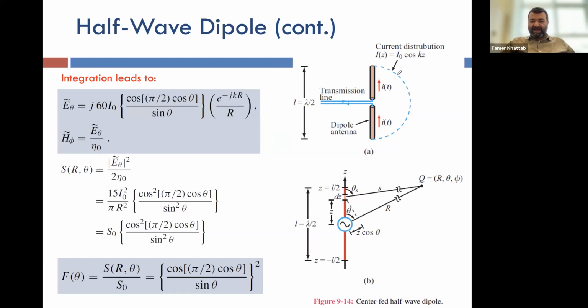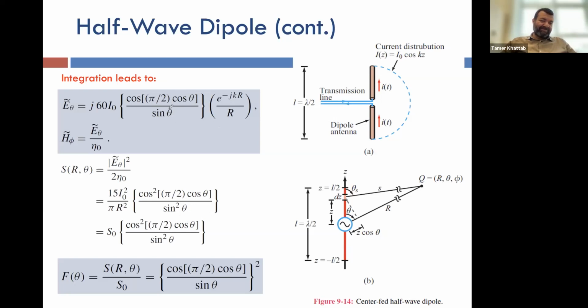So theta is the angle at the point where we are trying to measure the electric field. And it's also a function of the distance from the center of the antenna and has the same sinusoidal dependency on the spatial domain using the complex exponential e to the minus j k r, where k is 2 pi over lambda. Okay, so that's very similar to the one that we got for the Hertzian, but the expression here is different.